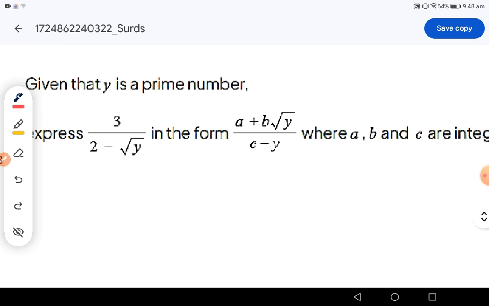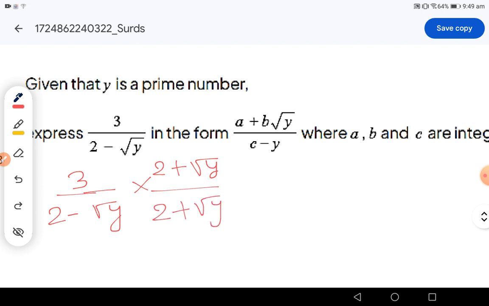Okay, so 3 by 2 minus root y, rationalize by 2 plus root y, 2 plus root y. So 3 times 2 plus root y by 4 minus y.